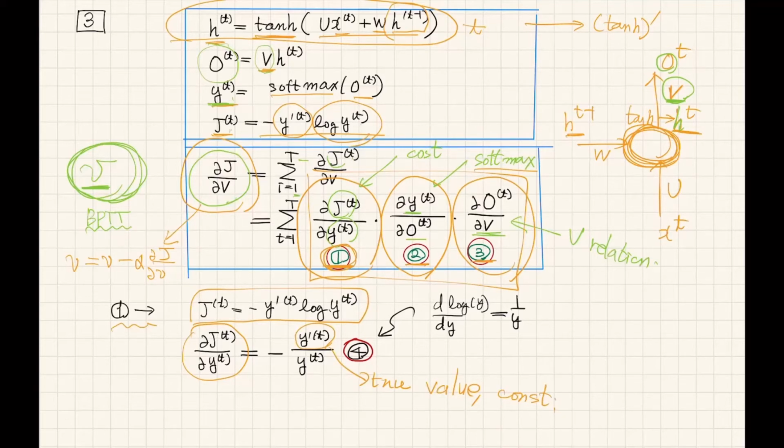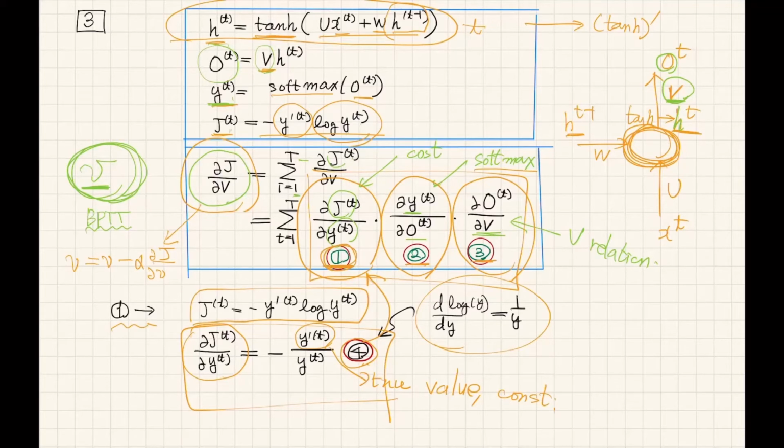The derivative of log y_t with respect to y is 1 over y_t. You remember that the derivative of log is 1 over y. So what we found, number one, is that the derivative of the cost function with respect to y is minus y dash divided by y. We're going to plug this equation four into number one. That is the first job we have done.